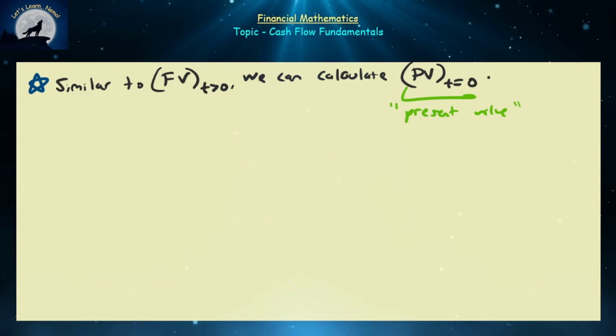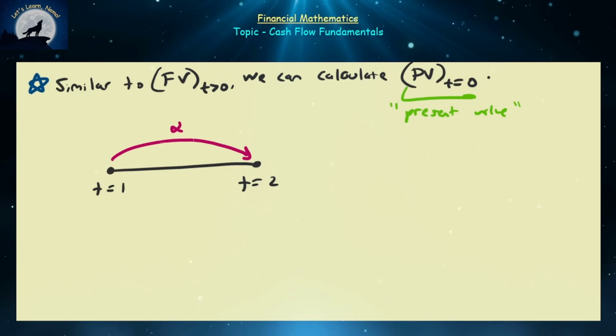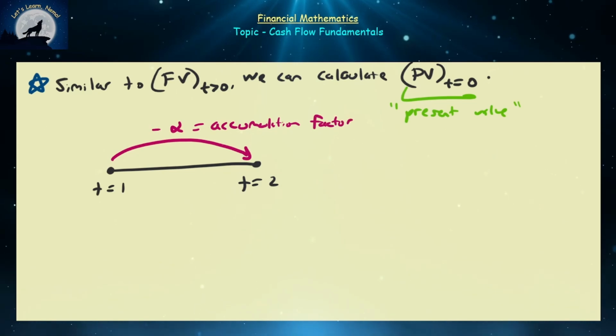So again, let's just review a couple basic things about interest rates. Let's assume that this is t equals 1 and t equals 2. And let's assume that we want to move money into the future. Then we're obviously going to be using alpha. That's going to be our accumulation factor, which keep in mind is just 1 plus our effective interest rate.